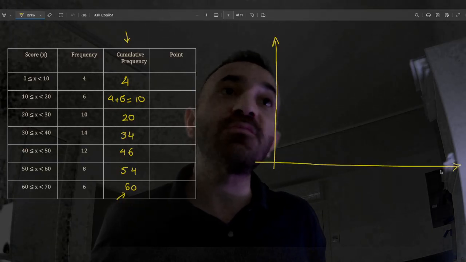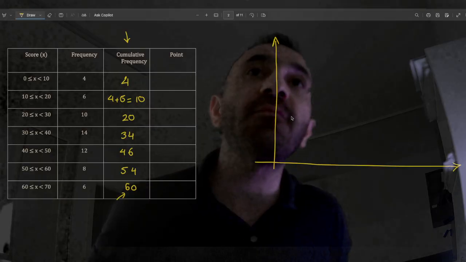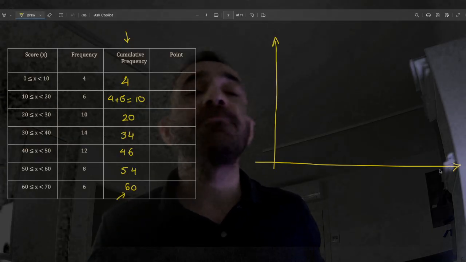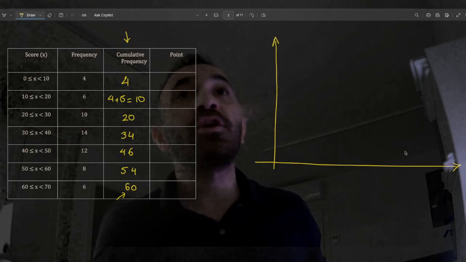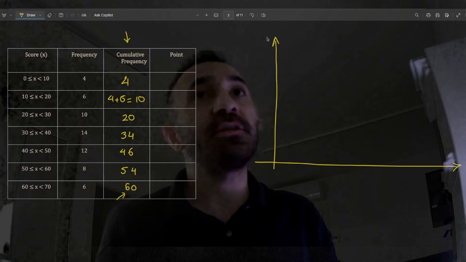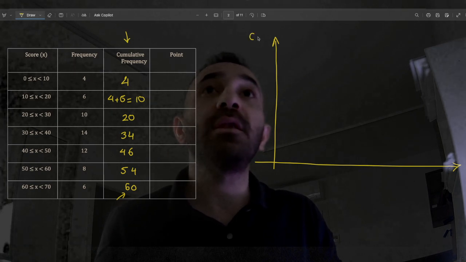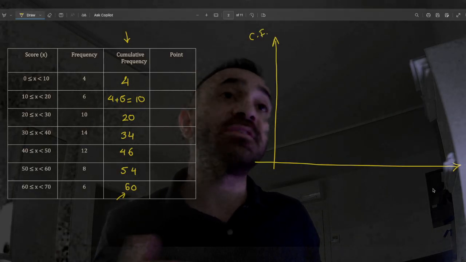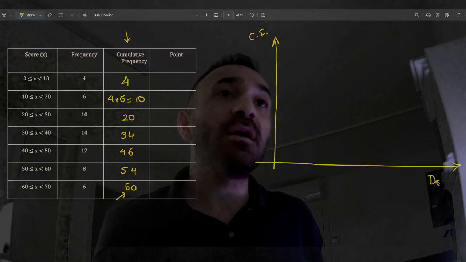You're going to do it once with me, and hopefully it's going to be enough for you to learn cumulative frequency curve. Okay, so remember, for cumulative frequency curve, always the vertical axis is going to be cumulative frequency itself. What about the horizontal axis? It's going to be your data.